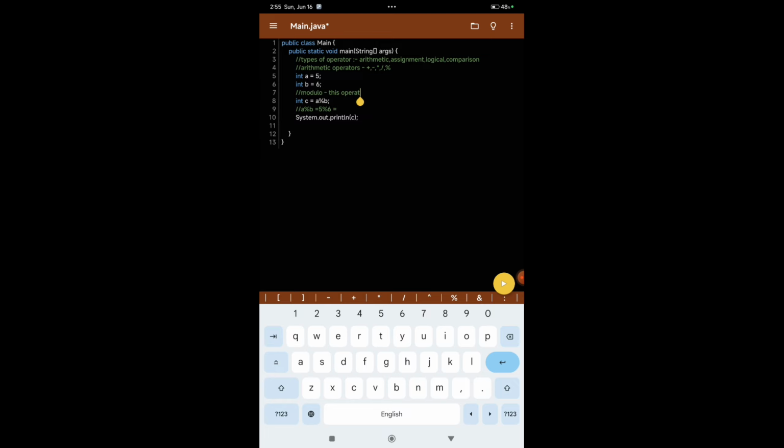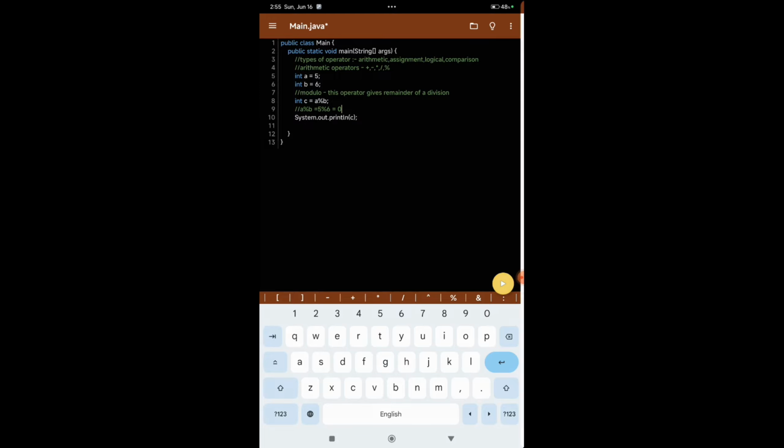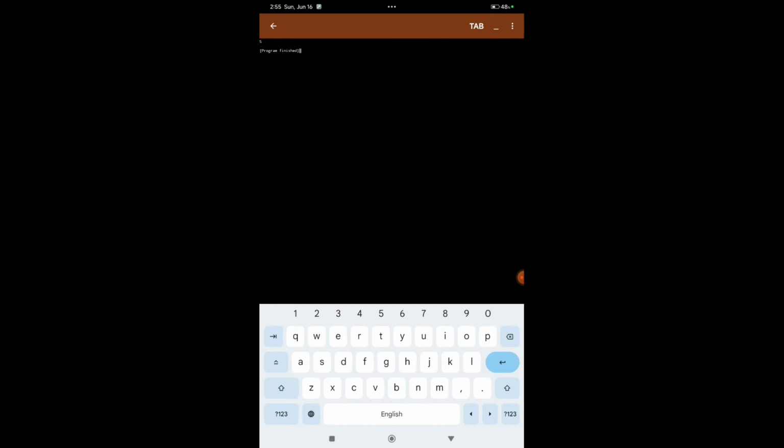This operator gives the remainder of a division. Okay, understood? It will give the remainder of the division. I thought 0 because 5 can't be divided by 6, so no remainder will remain because it is an integer. Oh, 5.